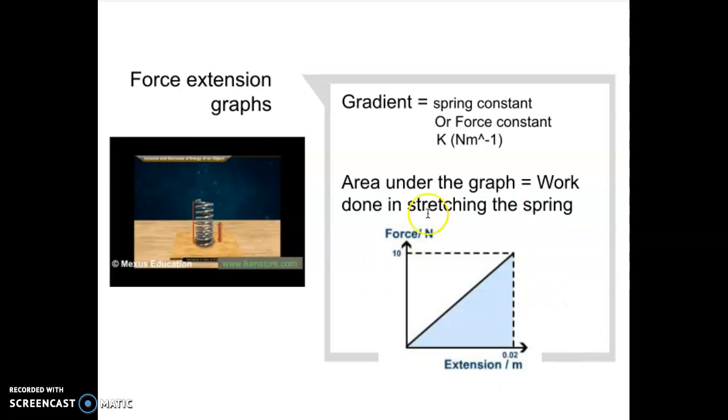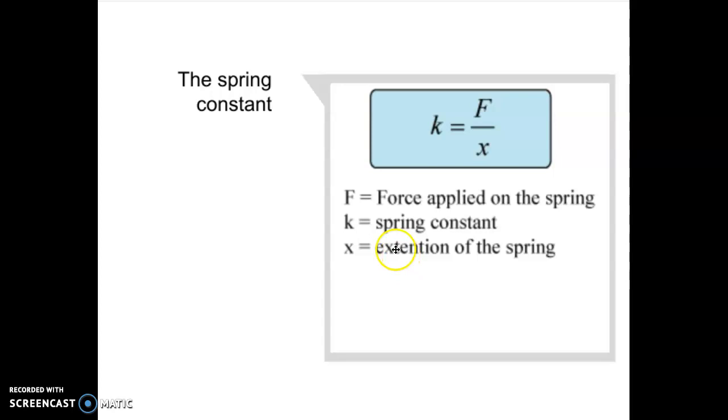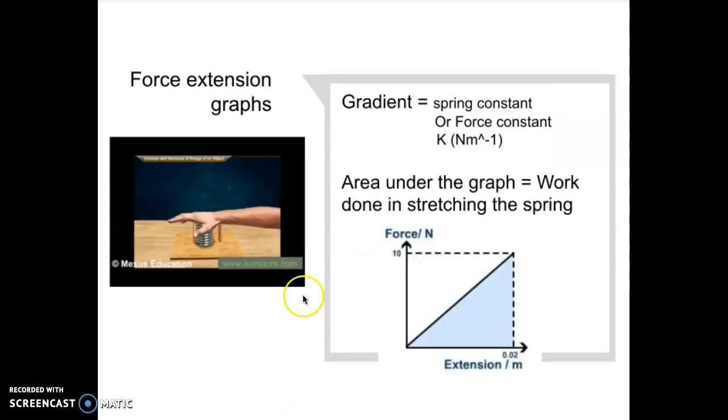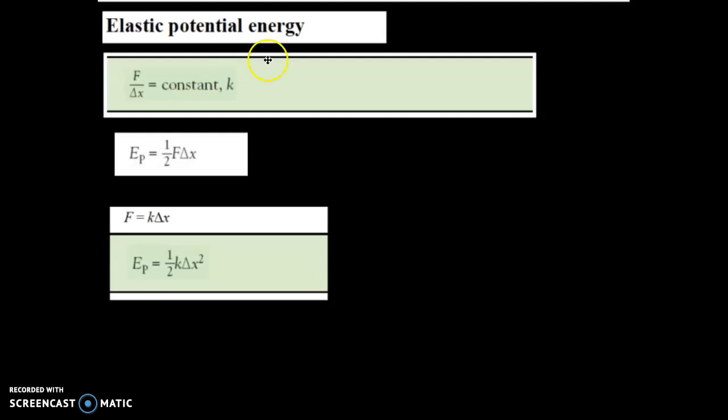The area under this graph is a half force times extension. So here we can see the stored energy would be equal to a half force times the change in extension.